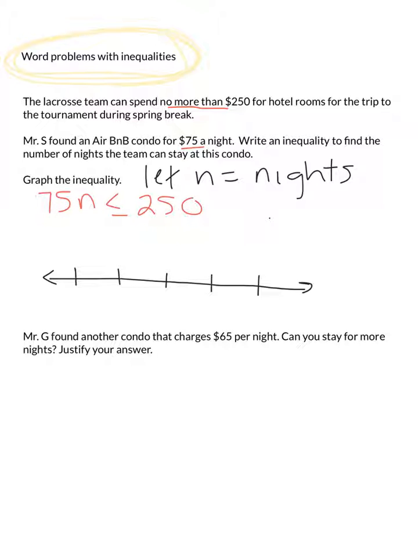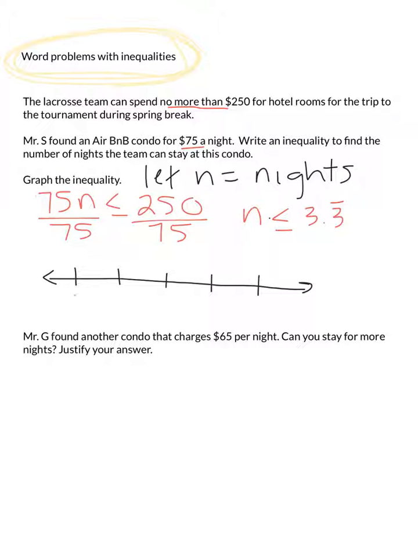So how many nights can we stay at this Airbnb condo? Seems like a better deal than the hotel. So you're going to do 250 divided by 75, and n is less than or equal to 3.3 repeating.